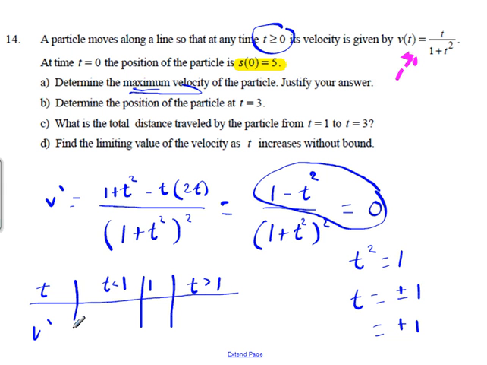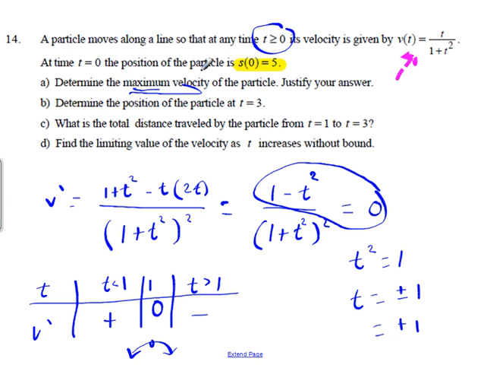At time 1, our derivative of velocity is 0. For time less than 1, choose like 1/2, and that becomes a positive value. Choose a value greater than 1, like 5, and this becomes a negative value. So we see that it's a max at 1.